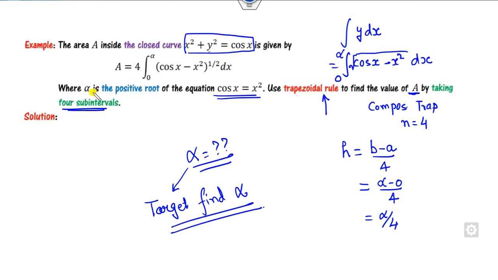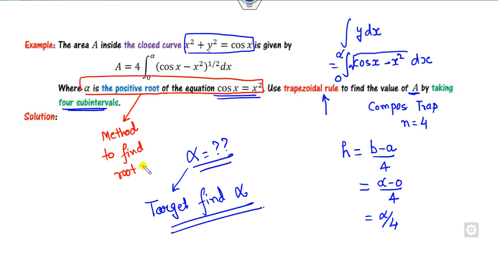Look at this statement. Alpha is the positive root of this equation. So do you know any methods which are used to find the root of an equation?